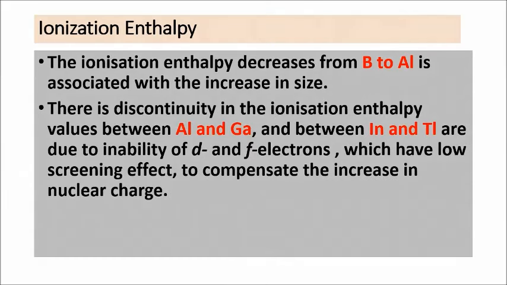But there is some discontinuity in the ionization enthalpy between aluminium and gallium and also between indium and thallium, which is due to the inability of d and f electrons, which have a low screening effect, to compensate for the increase in the nuclear charge. That is why there is a discontinuity in the ionization enthalpy.